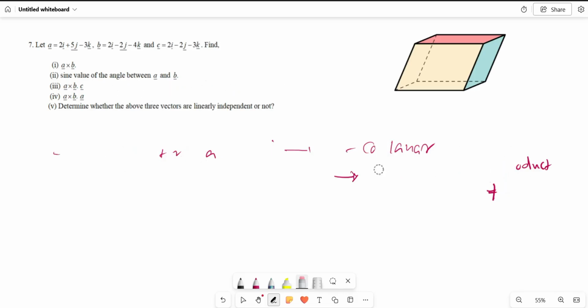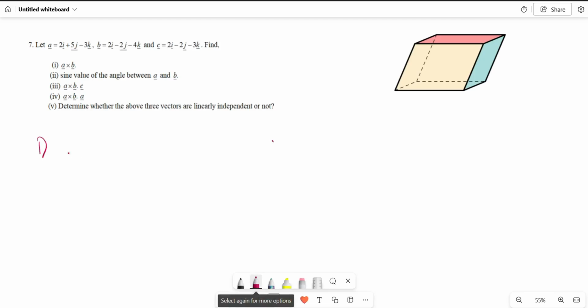The first thing we want to do is get this cross product. I will take the cross product first, A cross B, and you know how to get this one with the i, j, k unit vectors. The first row is a, so you put the coefficients of a: 2, 5 and minus 3.